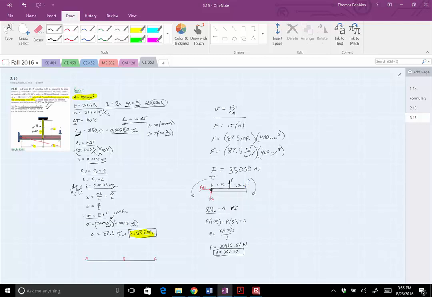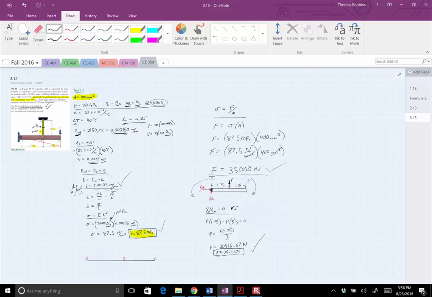Out of the given information, out of everything that we've done so far, how can we find deflection? We know the stress in member 1, we know the force of P, we know the force at member 1, we know the strain of member 1. So what do we know about strain?